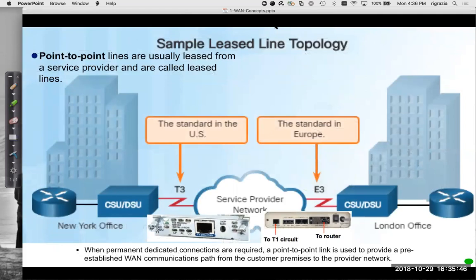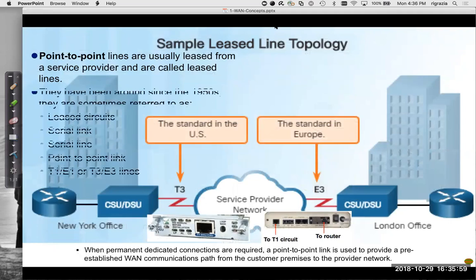Okay, let's talk a little bit about point-to-point lines, which are sometimes known as leased lines. These are quite common still today to connect between two sites. They've been around for a long time, also called leased circuits, serial lines, serial links, point-to-point links, T1 links, E1 links, whatever you want to call them.